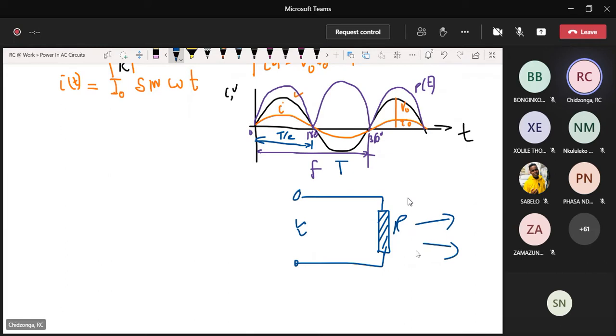And ESCOM is going to bill you, which means this power here, though it is pulsating, has an average value. Remember, if the signal of voltage and current is 50 hertz, the power signal will have a frequency of 100 hertz. So it's going through this purple wave 100 times in a second. That's why the heater, the kettle, the stove is going to heat up and cook our meals.